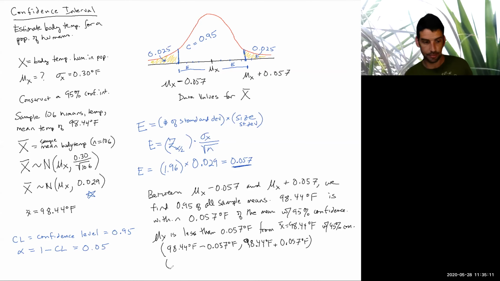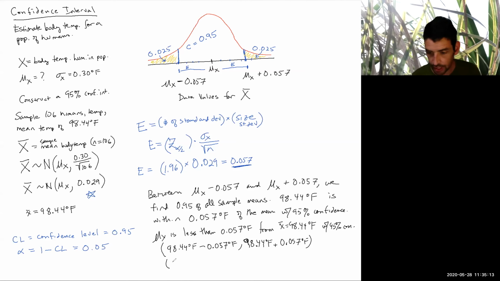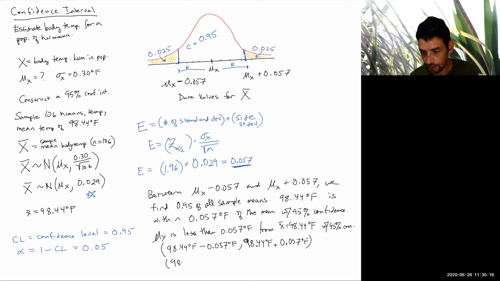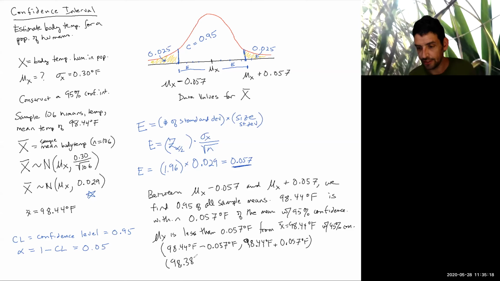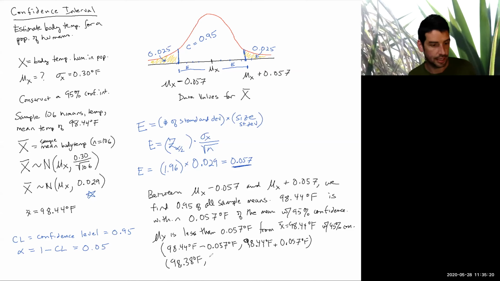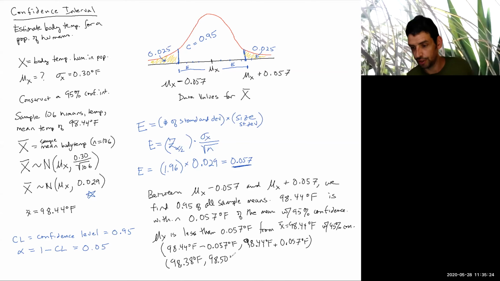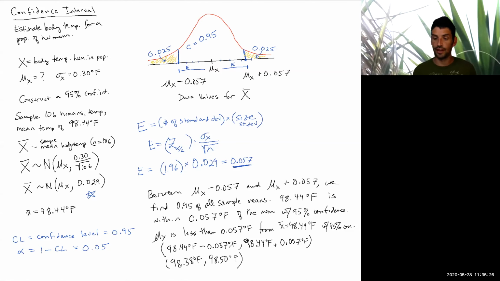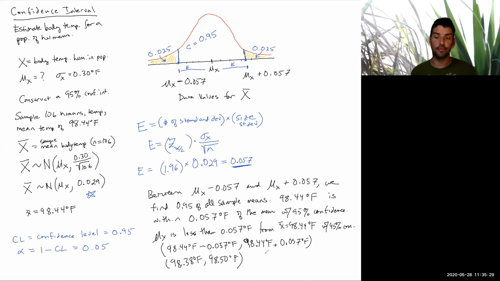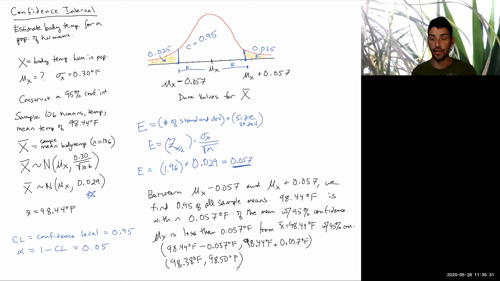And if you do that computation, we get 98.38 degrees Fahrenheit and 98.50 degrees Fahrenheit. And we would say, this is our 95% confidence interval on the mean. Right?